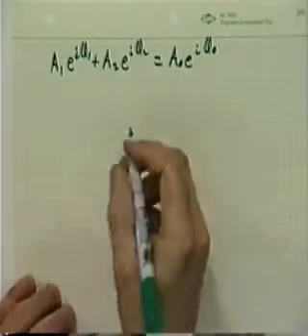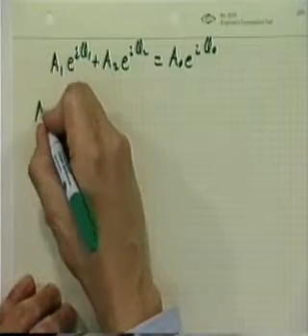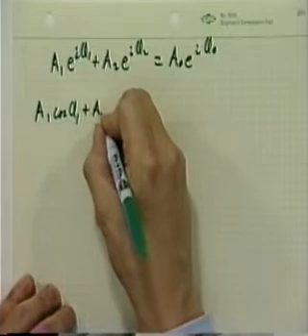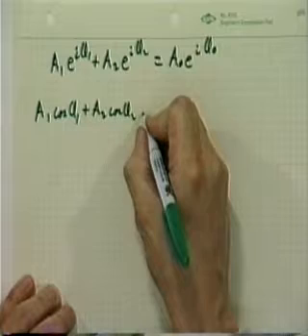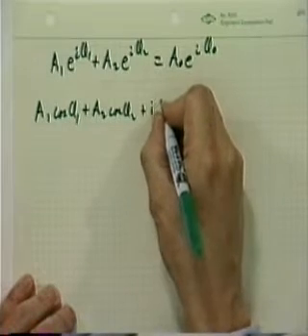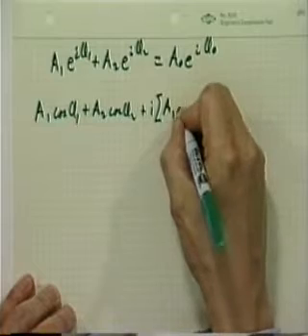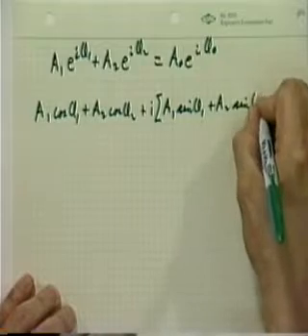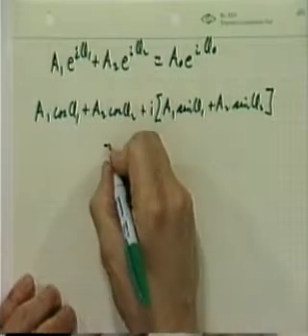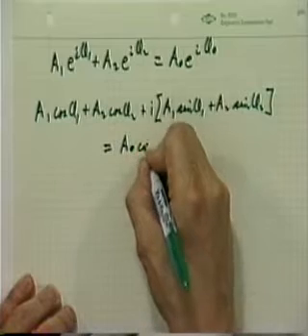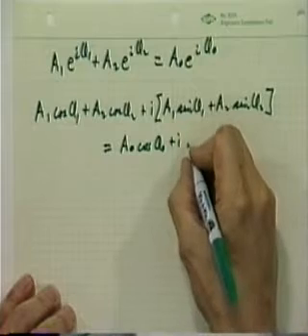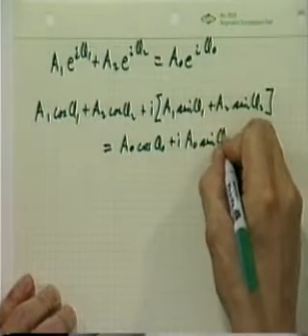So now I have to do a little algebra here, and we can write that A1 cosine of phi 1 plus A2 cosine of phi 2, plus the imaginary part i times A1 sine phi 1 plus A2 sine phi 2, is equal to A naught cosine phi naught plus i A naught sine phi naught.